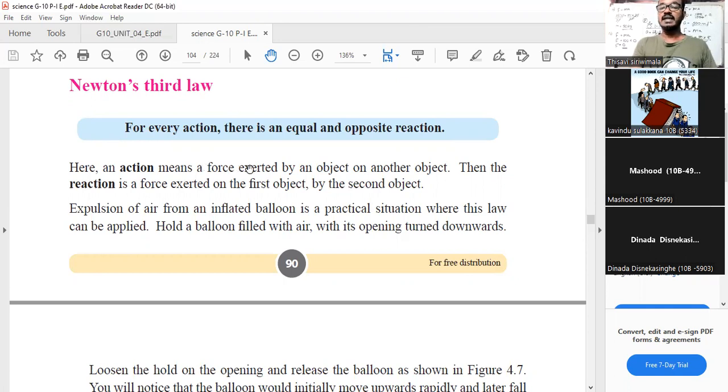The force exerted by an object on another object.